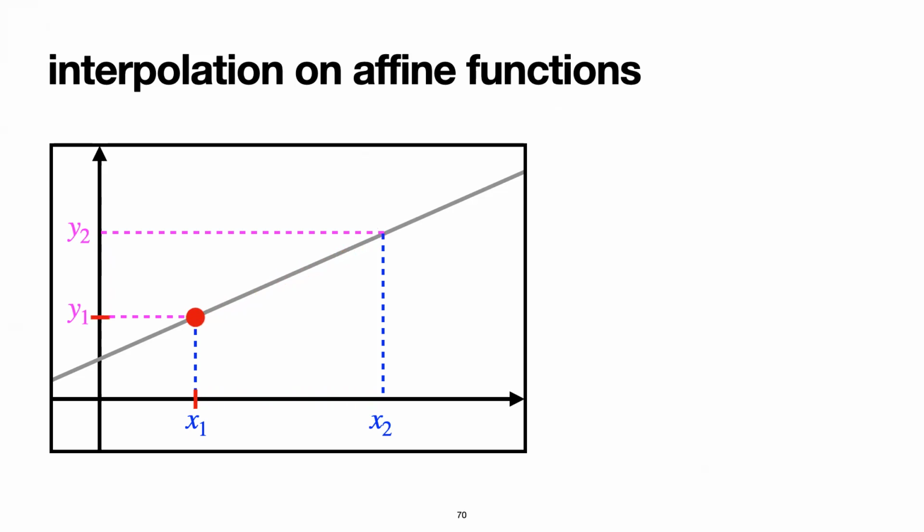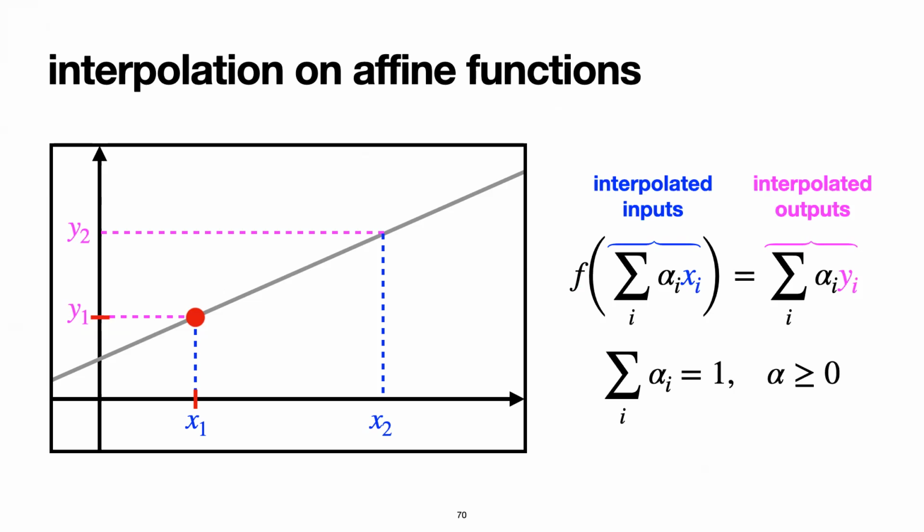This is important because if I have an affine function and I have two values of this function that are true, and I linearly interpolate between them, I stay on the function itself. I can be very general in the way I describe this. I can have an interpolation vector alpha, which is normalized in the sense that it sums to 1, and is always positive. For some affine function f, an interpolation of the inputs is equal to the interpolation of the outputs.